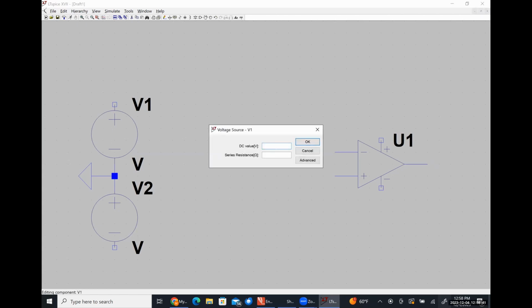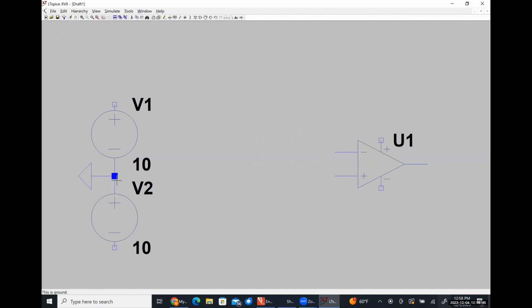I'm going to choose 10 volts and I'm going to put 10 volts for both so that this point is 10 volts higher than this point. So this point down here is going to look like negative 10. You could, if you wanted to, rotate this voltage source twice, putting the positive polarity on bottom, and then just call it negative 10. But since most physical power supplies don't have access to negative 10 volts, I'm setting it up exactly like I would physically set it up in the lab.